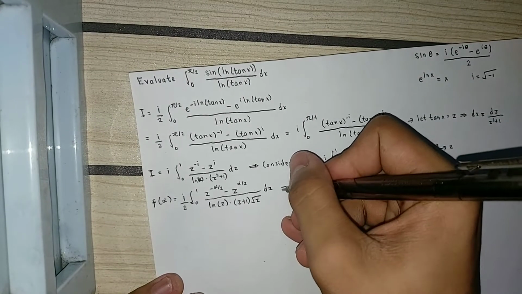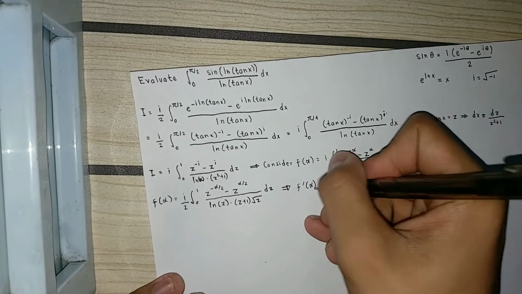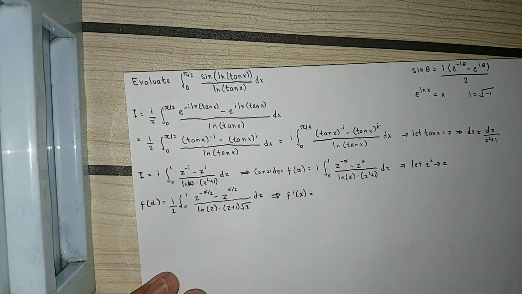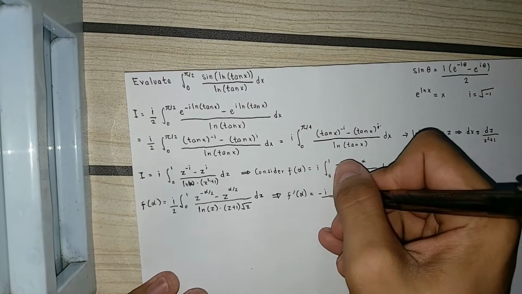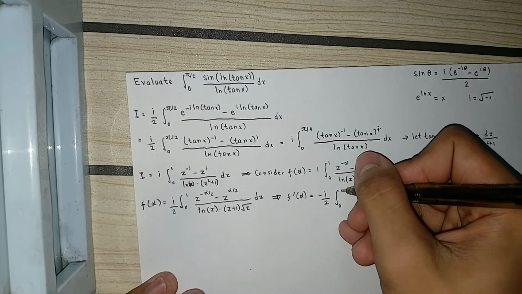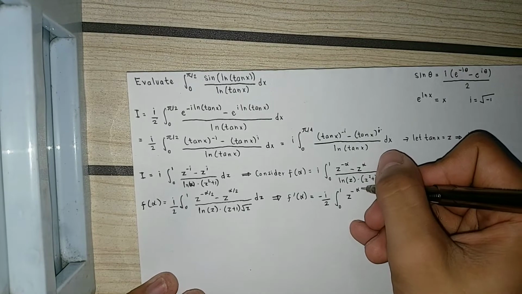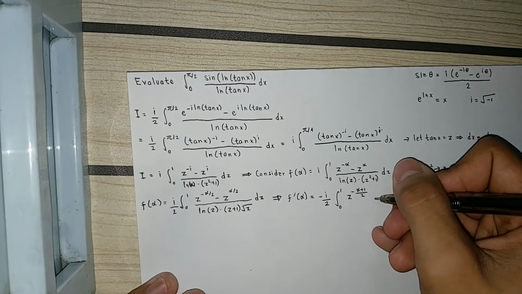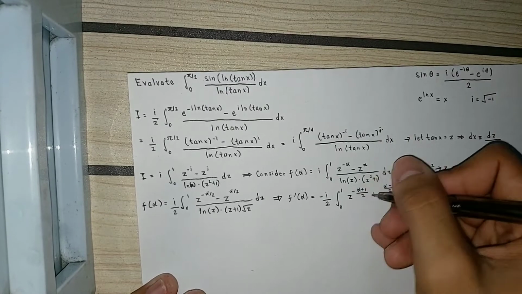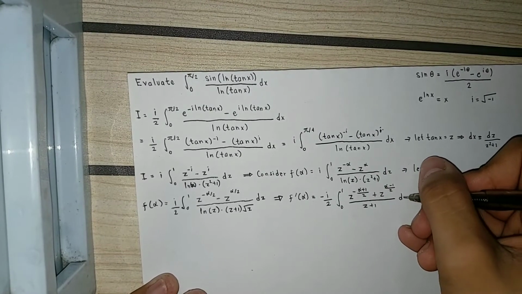So if we differentiate this, our integral will become f prime of alpha is equal to negative i over 2 times integral from 0 to 1 of z raised to alpha plus 1 divided by 2 plus z raised to alpha minus 1 divided by 2, over z plus 1 dz.